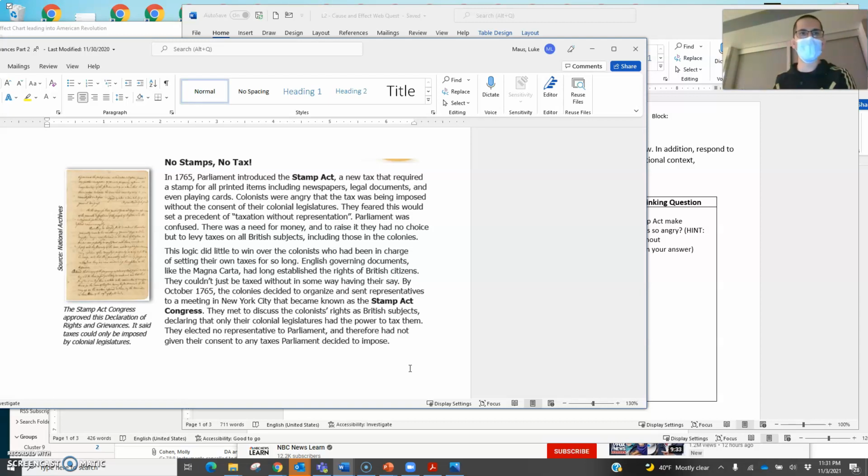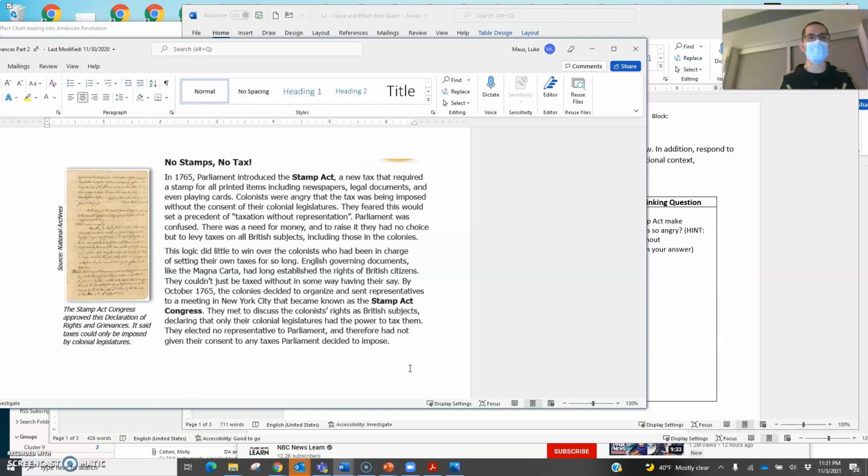They feared that this set a precedent of no taxation without representation. Parliament was confused. There was a need for money, and to raise it, they had no choice but to levy, or collect, taxes on all British subjects, including those individuals in the American colonies.